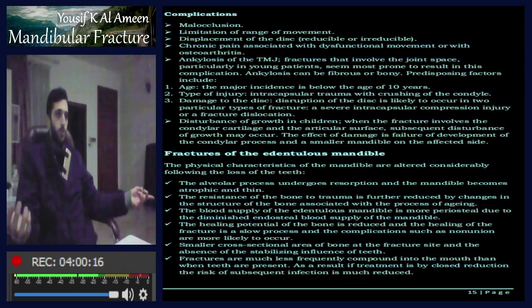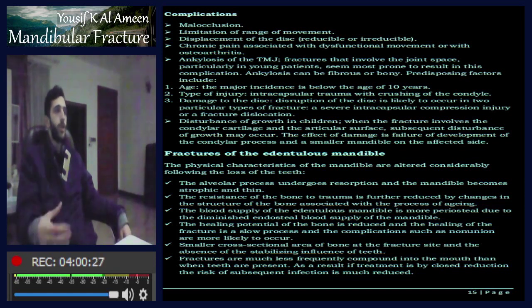The resistance of the bone to trauma is further reduced by change in the structure of the bone associated with the process of aging. The blood supply of the edentulous mandible is more periosteal due to the diminished endosteal blood supply of the mandible.